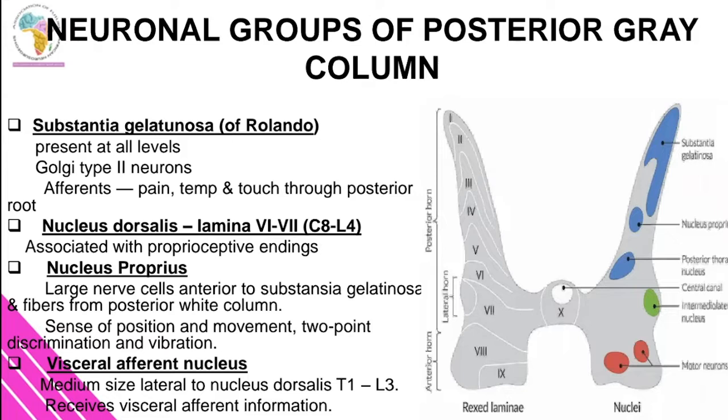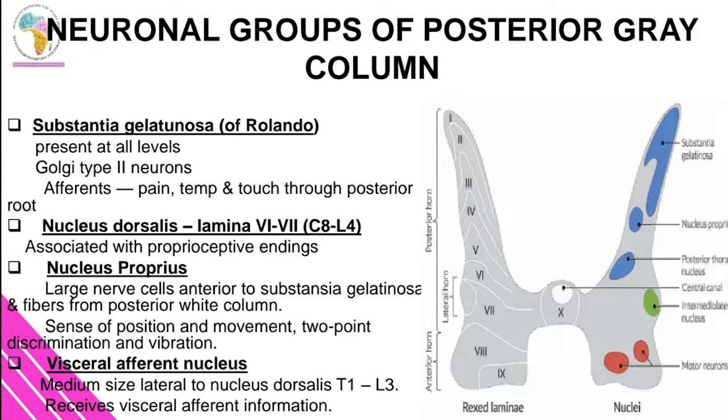The substantia gelatinosa of Rolando occupies all levels of the spinal cord, contains the Golgi type 2 neurons, and is involved in receiving afferents of pain, temperature, and touch sensations through the posterior spinal root.